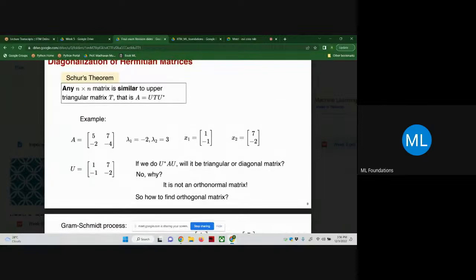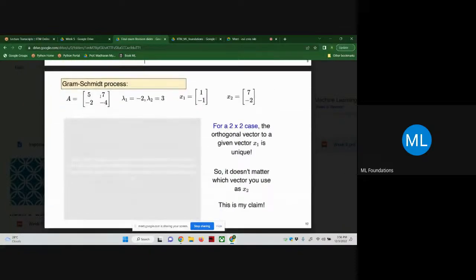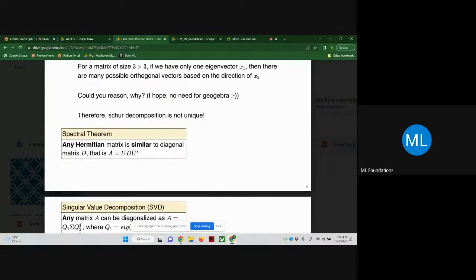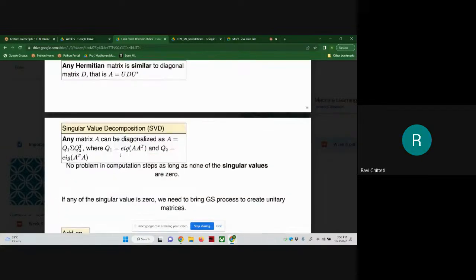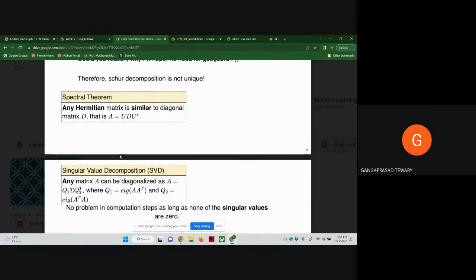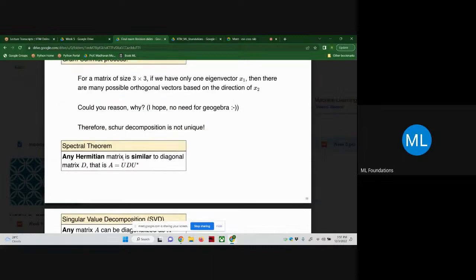Schur's theorem is for any n cross n matrix. And the spectral theorem, for any Hermitian matrix, gives this diagonal matrix, specifically for Hermitian matrices only. So the spectral theorem is a subset of Schur. Schur's theorem is not important for internal exams, but the spectral theorem is important.